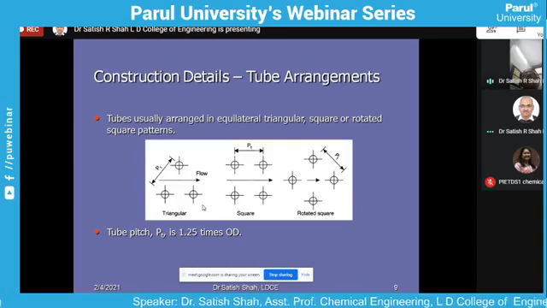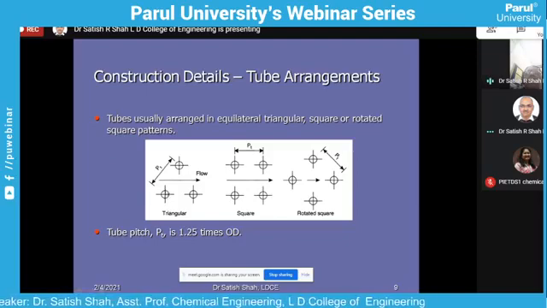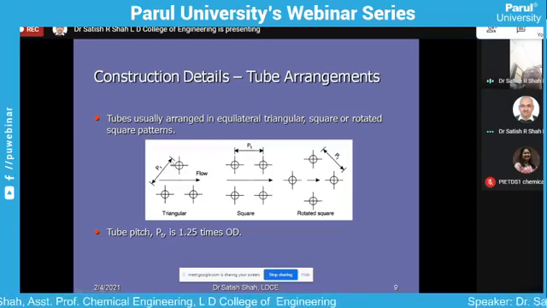Now basically, tubes can be arranged in different pitches. It can be arranged in triangular pitch. You can see here the triangular pitch, an equilateral triangle. This is the tube OD, and what is shown here is the tube pitch, which is generally 1.25 times the tube OD.